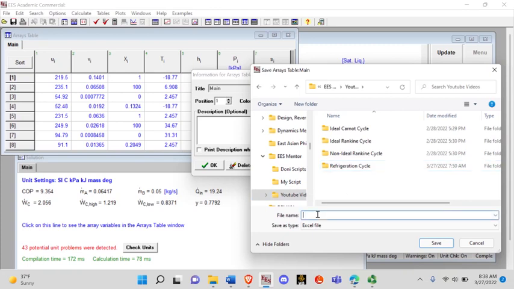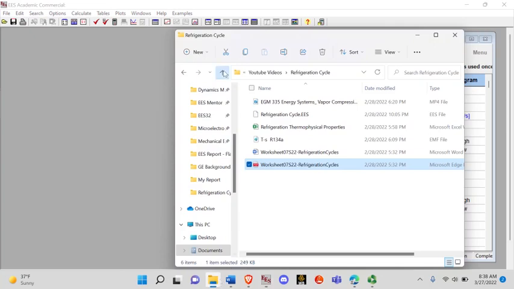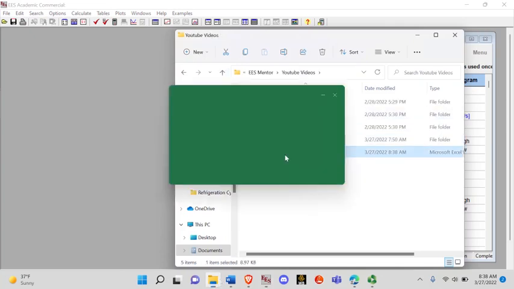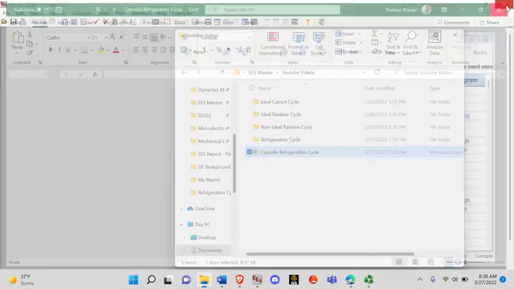Okay, so I'll save this as Cascade. Go into my folders. Now we have an Excel file. And I only specified in my code the units for pascals, but I could have also inputted them for the other arrays. So if you want to do something in Excel, you have this.